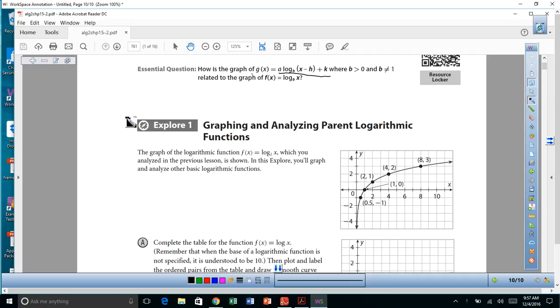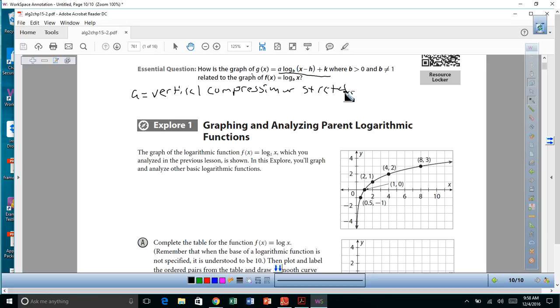And if you remember, what does a do? A is a vertical compression or stretch.